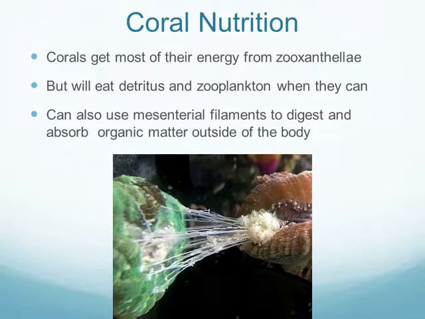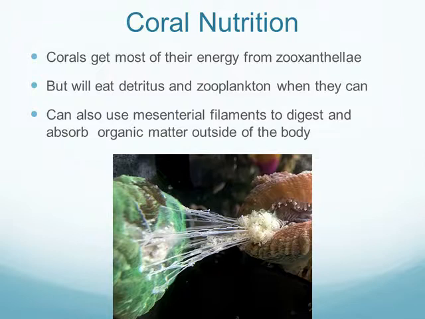But corals can also get nutrients from their mesenterial filaments, and these are essentially filaments that can be found in their stomach. What they do is they bring them out of their stomach and shoot them over at the neighboring coral, and those filaments have digestive enzymes on them.